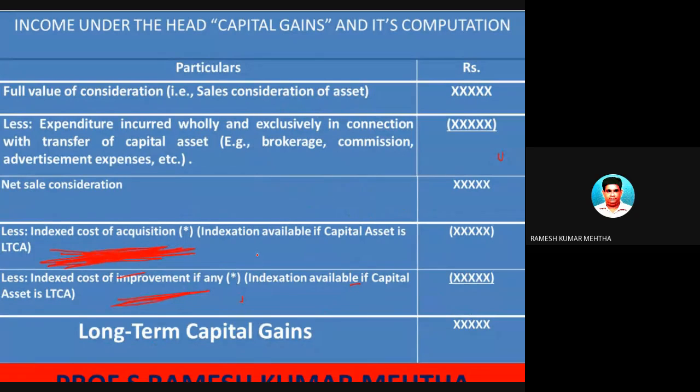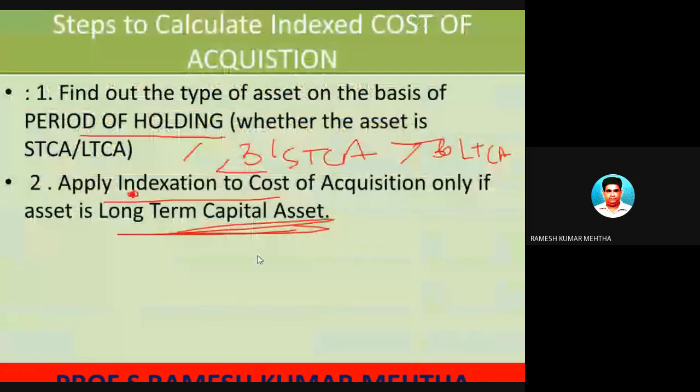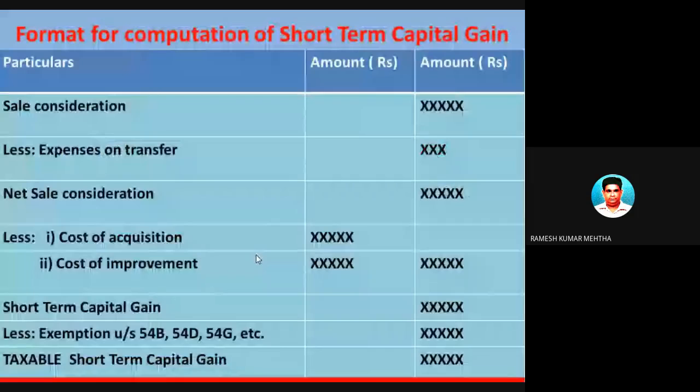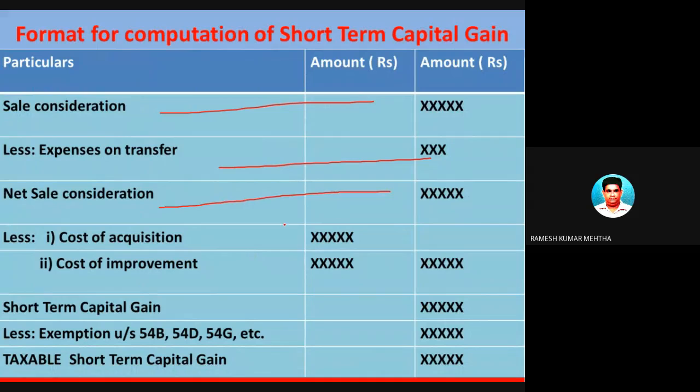Now, when I am talking about short-term capital gain, the format for finding it out is as follows. For short-term capital gain, the same format is used: sale consideration less expenses on transfer, and we will do some problems, don't worry, and net sale consideration. But there it was indexed cost of acquisition, whereas here we don't have indexed cost, just cost of acquisition and cost of improvement.